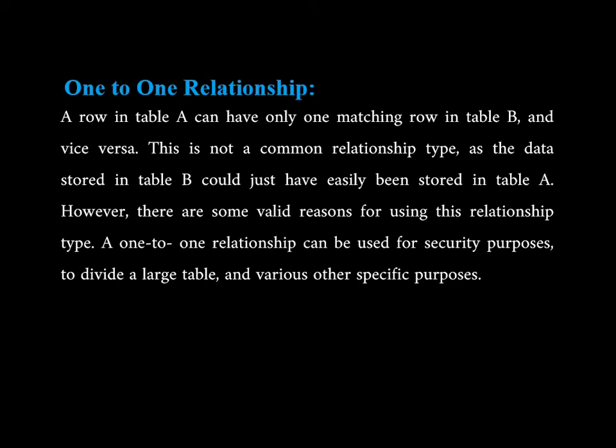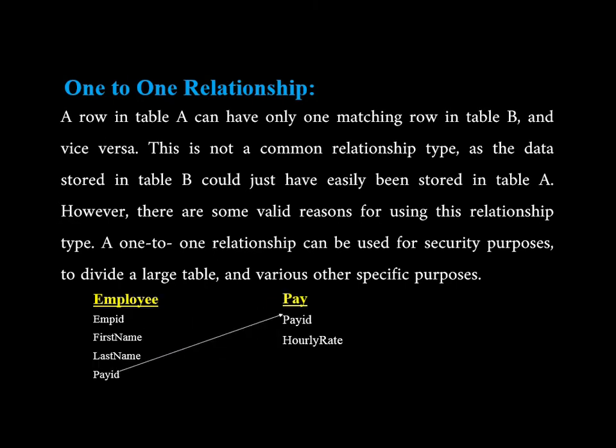Now let's see the tables. This is the first table, employee, and the second table is the pay table. In the employee table, the first field is employee ID, then first name, last name and payment ID. In the pay table, payment ID is there and hourly rate is there.